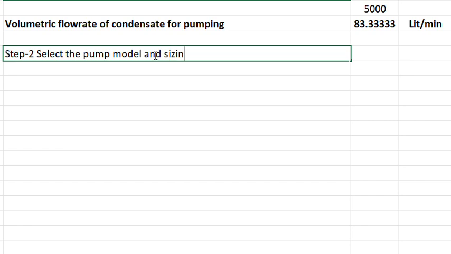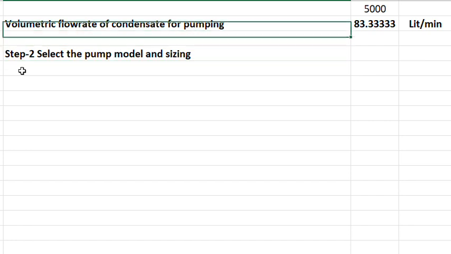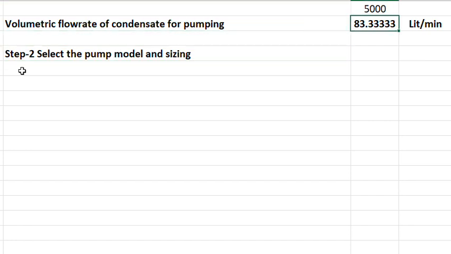Now we have the data of the condensate flow rate, so based on that volumetric flow rate we can select the pump. Here we have 100 liter per cycle, because our condensate generation is 84 liters per minute. So as per the standard models available, we can go with the 100 liter per cycle.